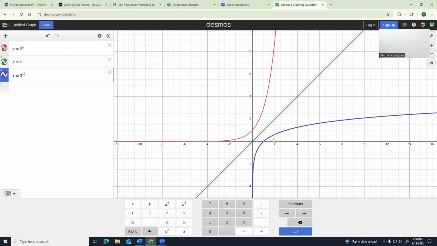Here's the logarithmic function. Now, the formula for that is x equals 3 to the y, but to write it in function form, we're going to write it as y equals, because remember, y equals f of x, y equals log, and then I'm not sure how to do a subscript.